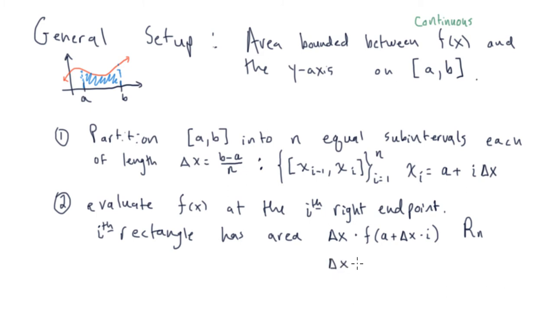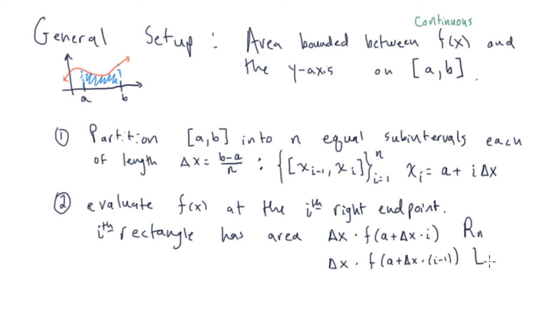What about if we wanted L sub n? Well, for L sub n, we just want to evaluate not at the ith right endpoint, but the left endpoint. So that's x sub i minus 1. So that's going to be a plus delta x times i minus 1.